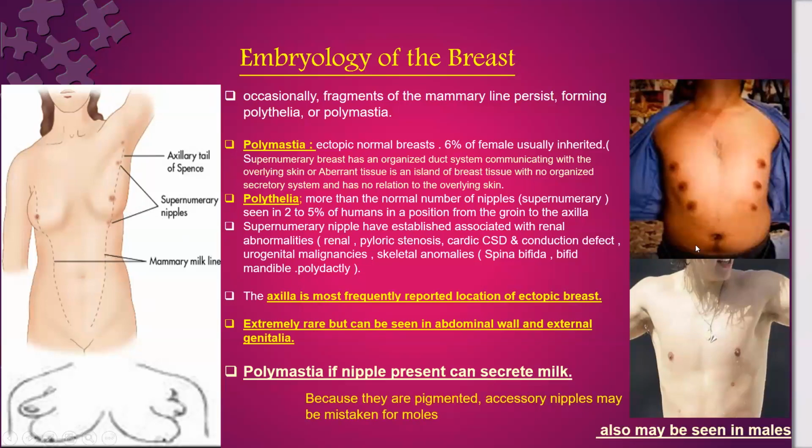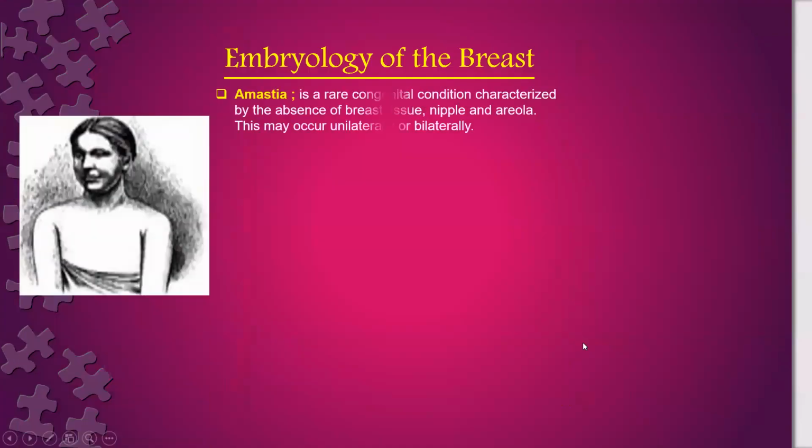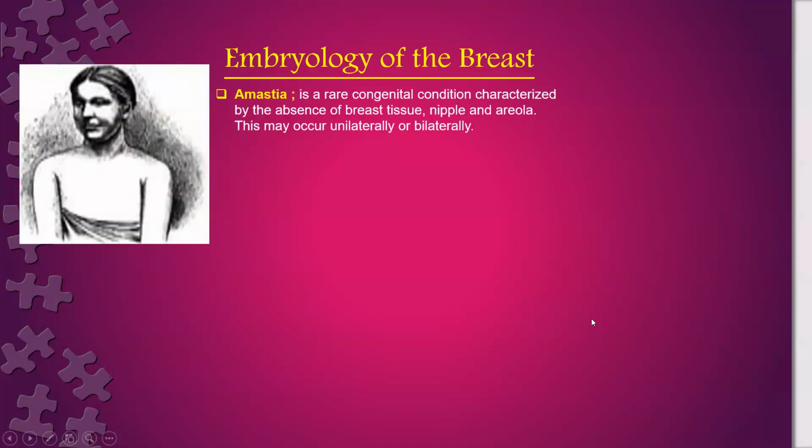And as you have seen here, it can be seen in a male, because we said there is no difference between male and female regarding the early development of the rudimentary breast. And because the nipple is pigmented, it can be mistaken for a skin mole if there is no breast tissue.